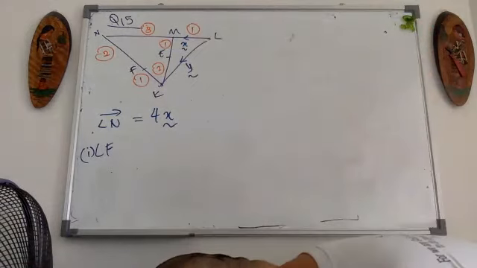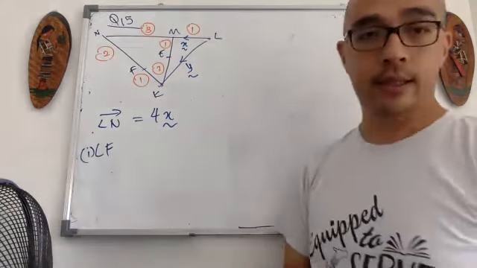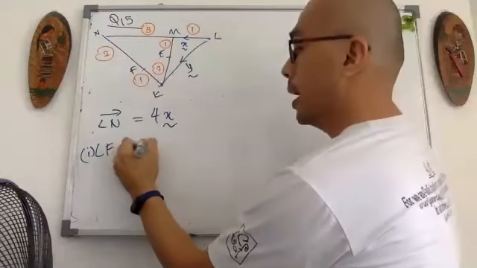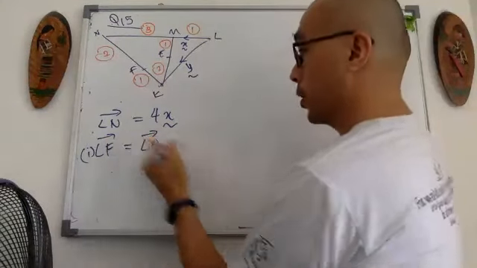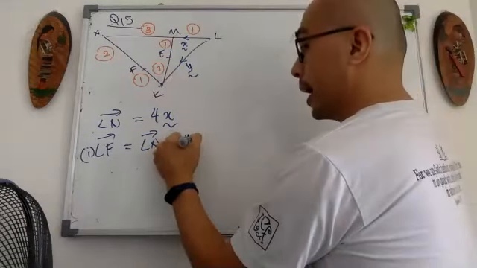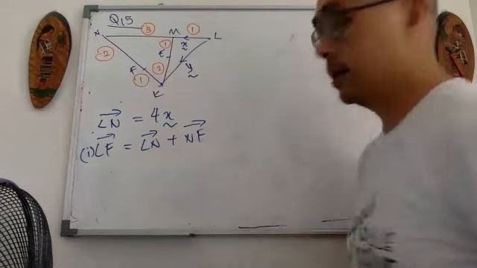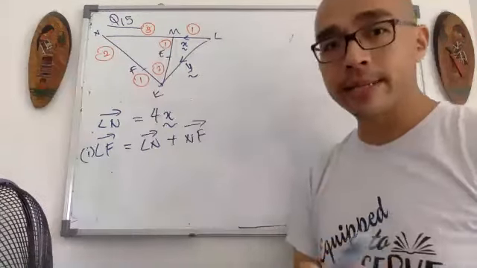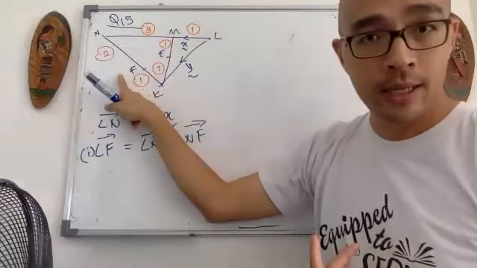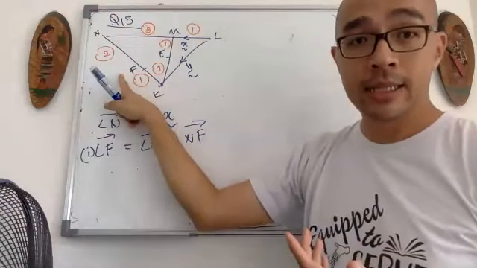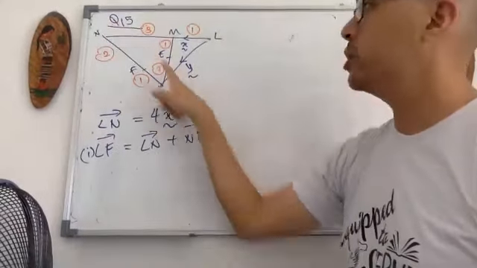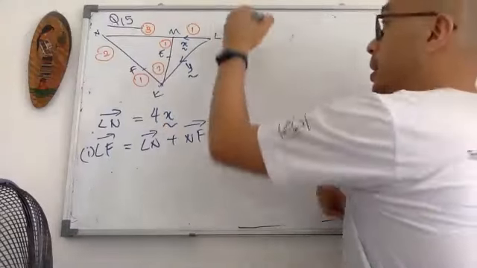I would say that this would be LN, because I already have LN, plus NF. But my big problem is I have LN, but I don't have NF, dari N sampai F. I don't have this yet. But what I do have is N to K. Can I have N to K? NK.